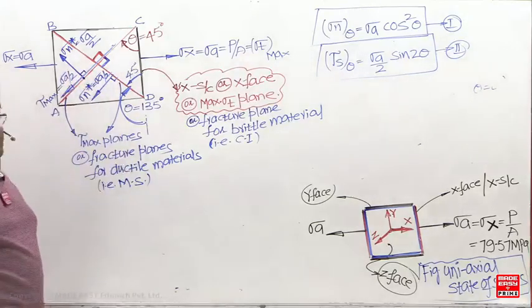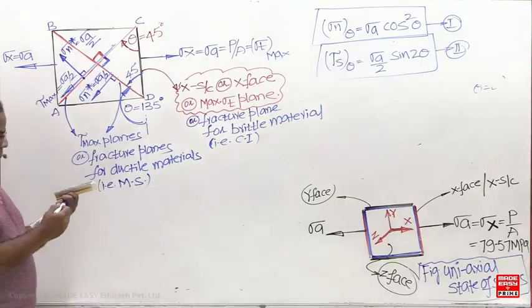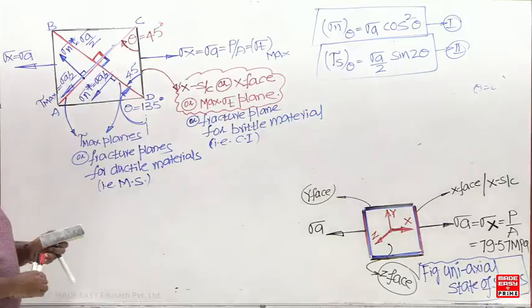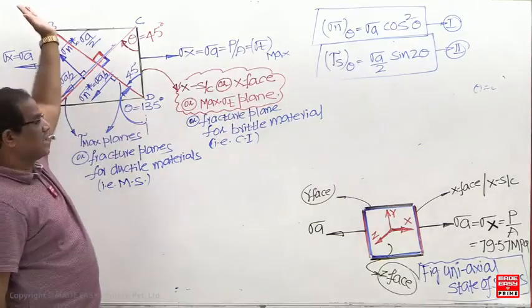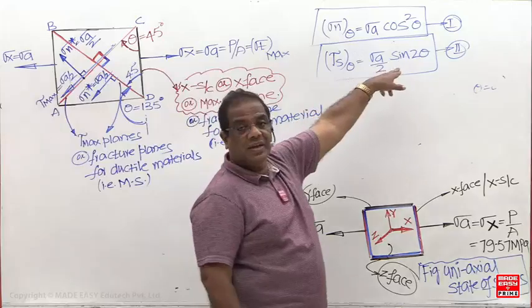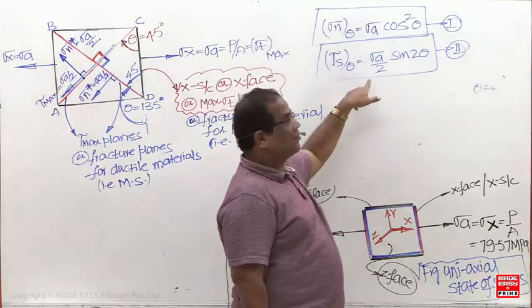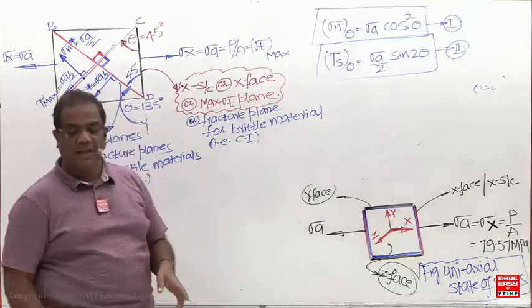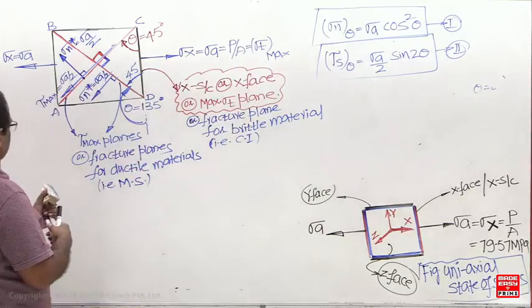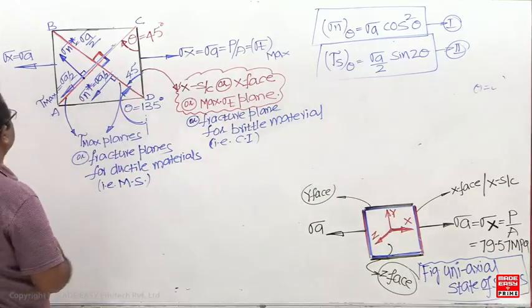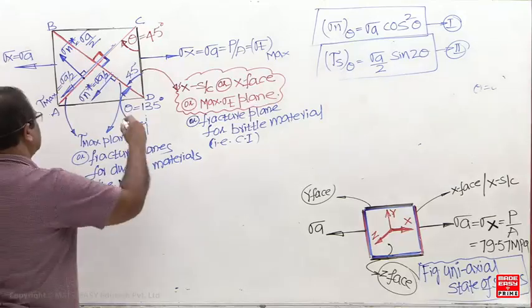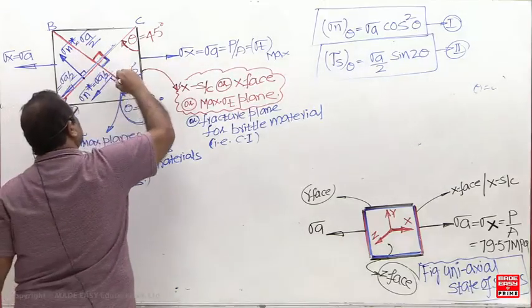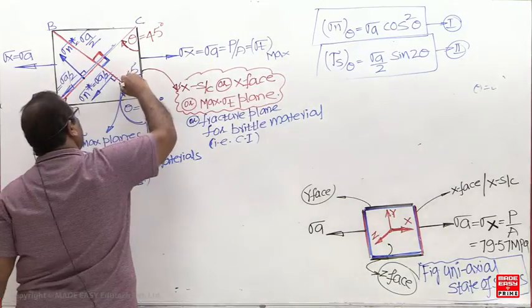Similarly, at an angle of 135 degrees, sin 270 is minus 1. Then you are going to get minus sigma A by 2. Minus sigma A by 2 means anti-clockwise, so on this plane it will be upward.